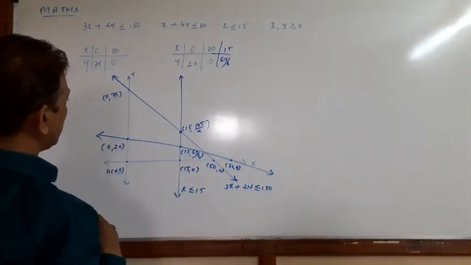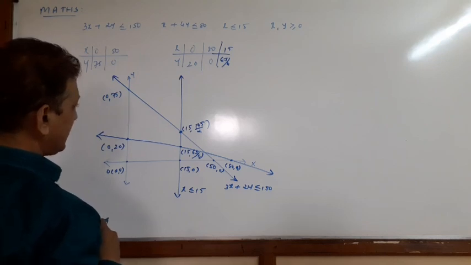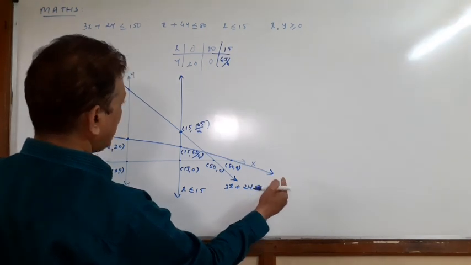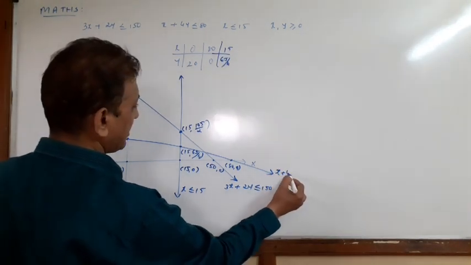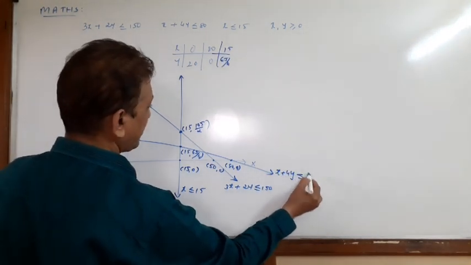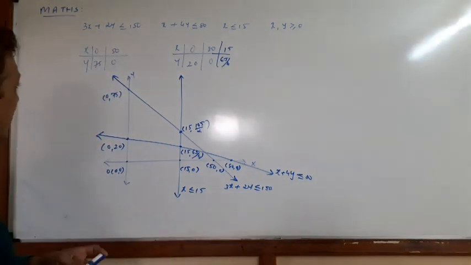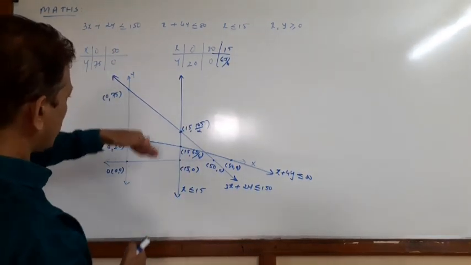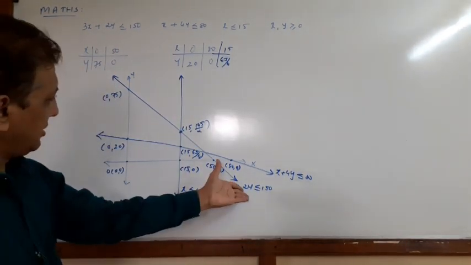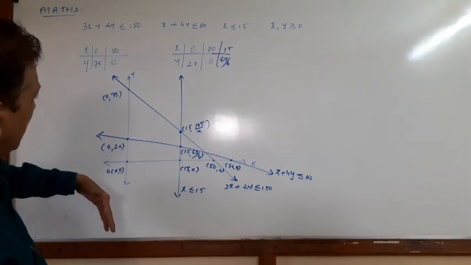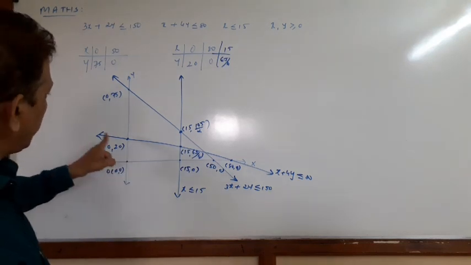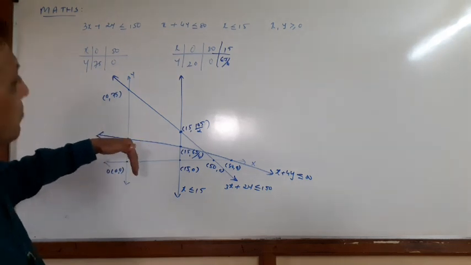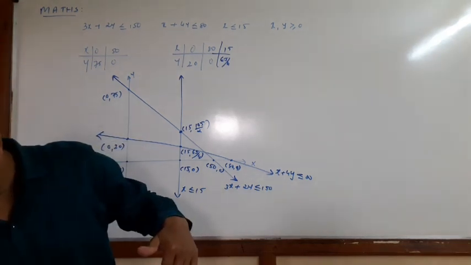Here the equation, x plus 4y less than or equal to 80. First we draw the 15 line, the parallel portion, then we draw this line, the lower portion, and now we draw this 80 line, again the lower one.